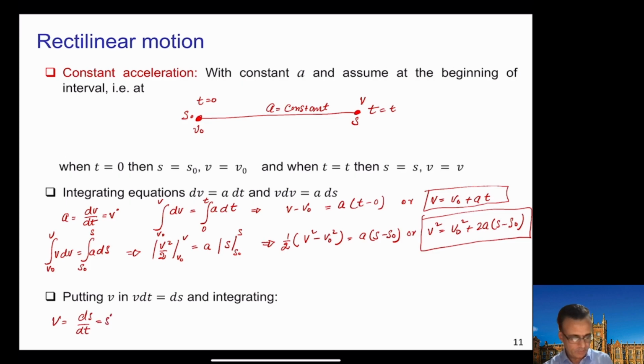So if you take this equation in this form, this will be s naught and this will be s, and you put here the limit of the displacement, which is s naught to s, and here the limits for the time, which is from 0 to t.